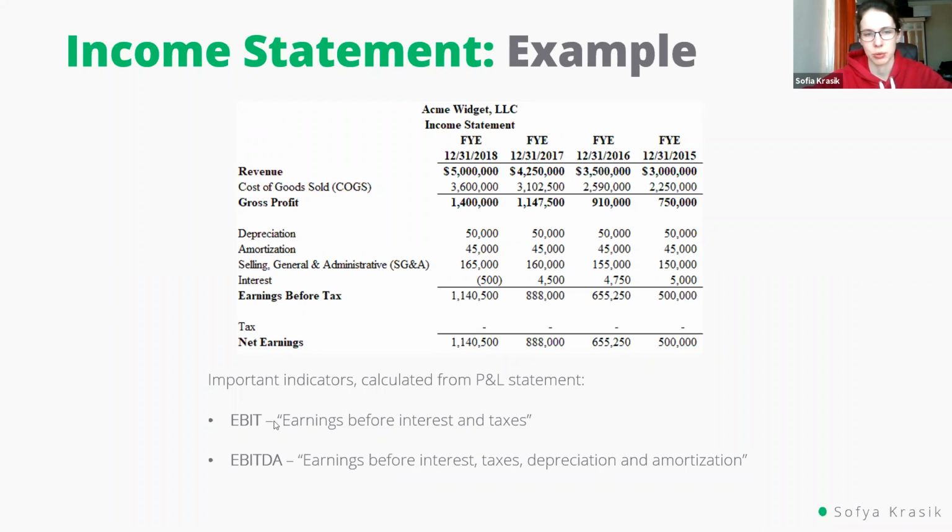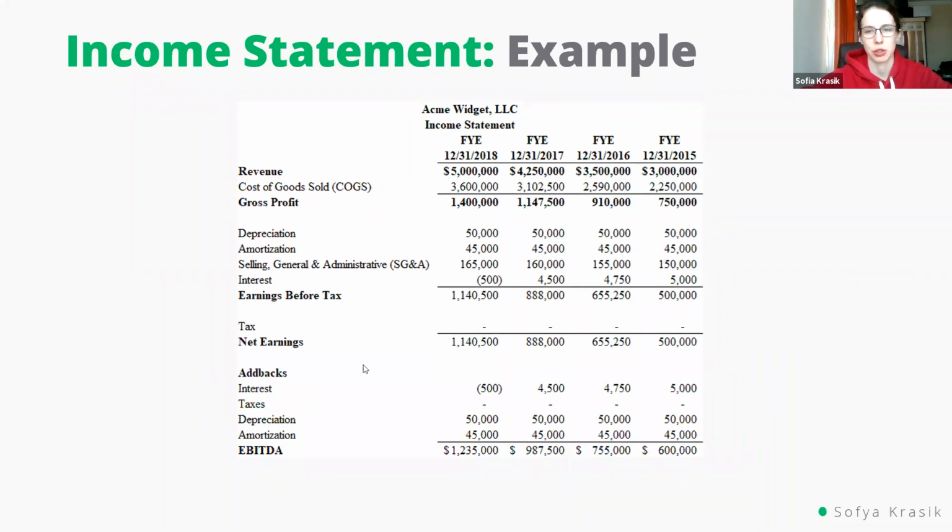And those metrics are widely used, and you will see it right away. So here, actually, you see that the picture was cut, and here even like additional information to the main income statement, EBITDA was calculated as well.